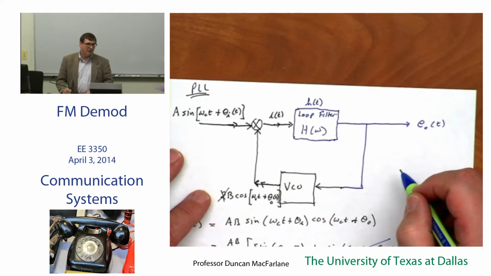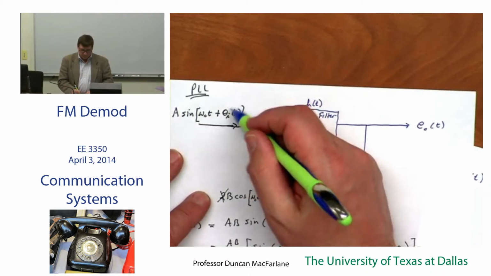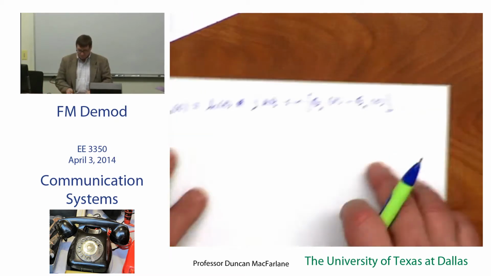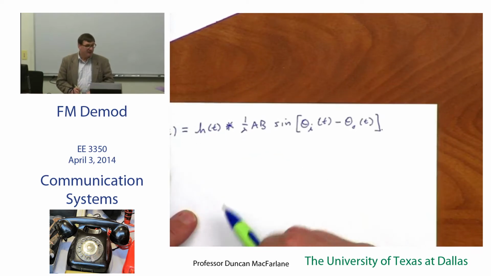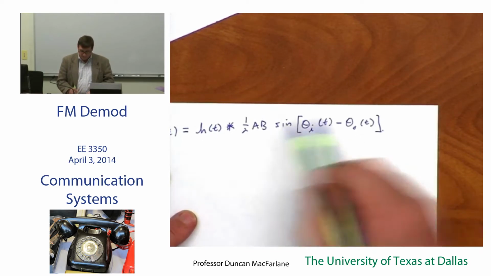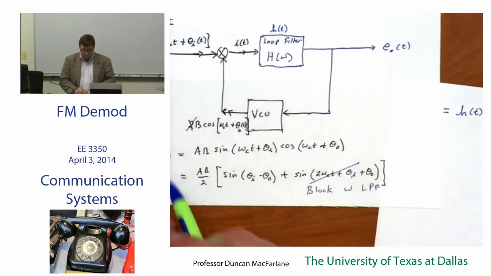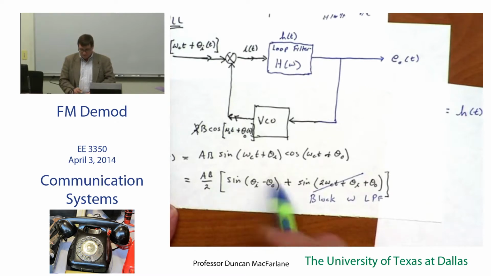Okay? But what I really want is the progression in time of what's going on with my message signal. And so I can write that convolution integral as here's my h of t, convolved with my input signal, and my input signal, i of t, is equal to AB over 2, times the sine of the difference between the phases.